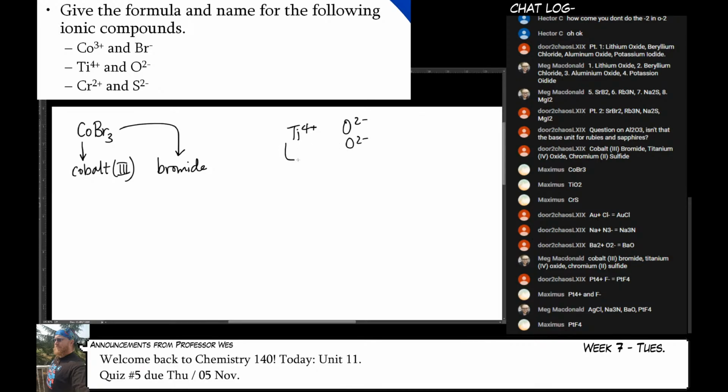You'll notice that you only need 2 oxygen ions here, 2 oxides, to cancel out the titanium 4+. So here's its formula. But it's really important to note that this is titanium(IV). That's its charge. So that's going to be its name, titanium(IV) oxide.